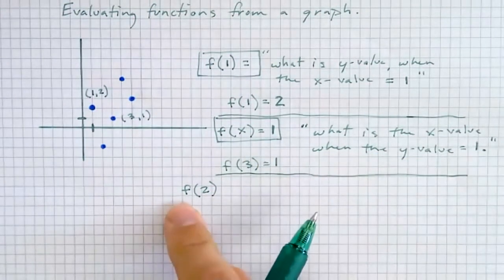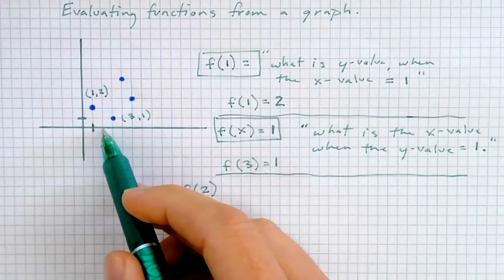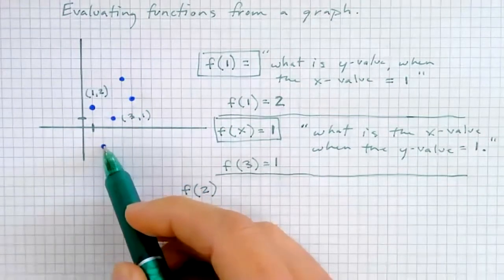Okay, if we're asking what is the output at f of 2, 2 is our input, so we're trying to find the point there, which is this one.